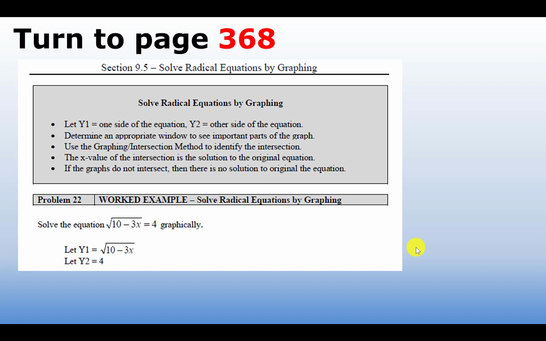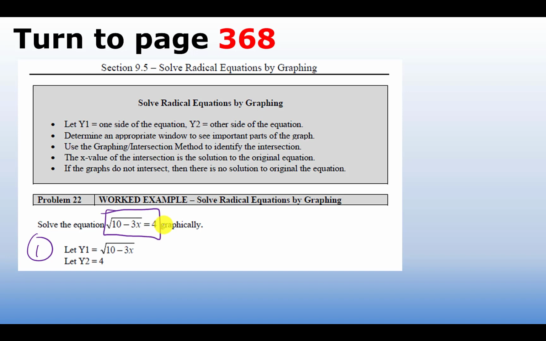So what does that look like? Well, on page 368 of our book, you're going to see a worked out example, and they've already started solving it. This is the first time we've seen this. Here is our radical equation. Now, we've done this before, where I had you do it in 3 stages. The first stage was to show me your equations that you're graphing.